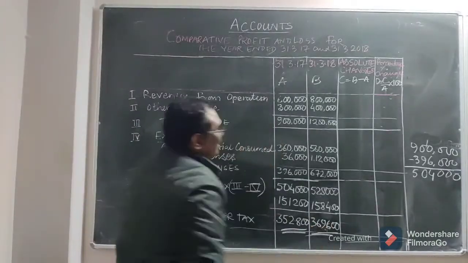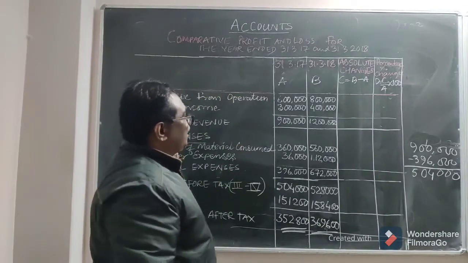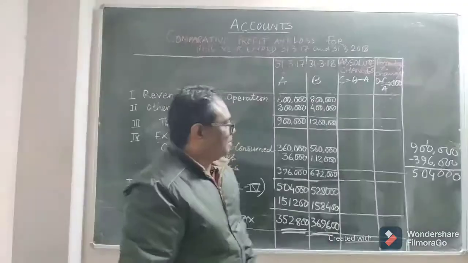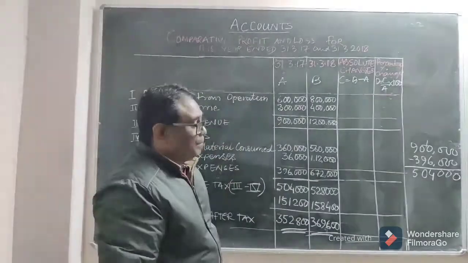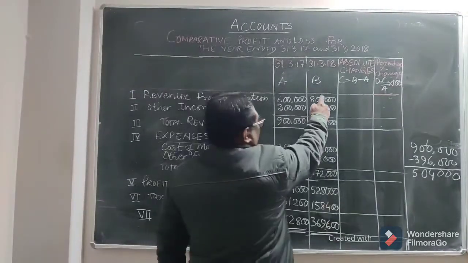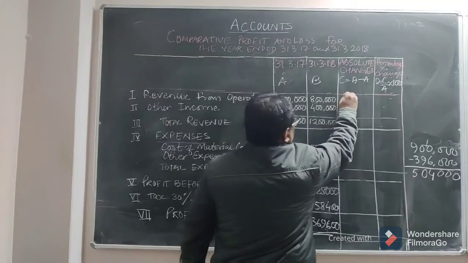Now we go for the absolute changes in column C, which is ascertained by column B minus column A. First, 8 lakh minus 6 lakh is 2 lakh.